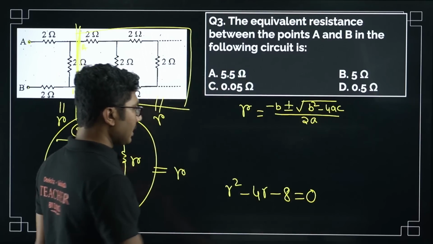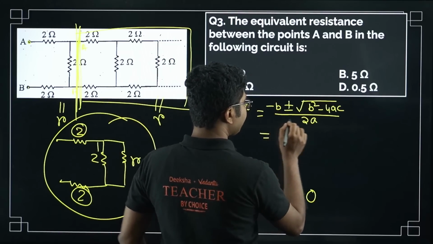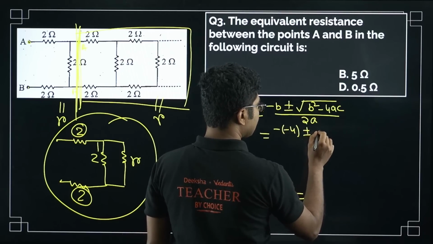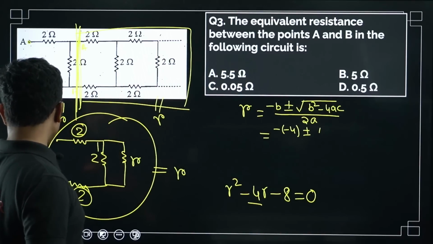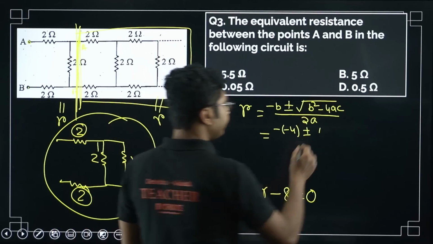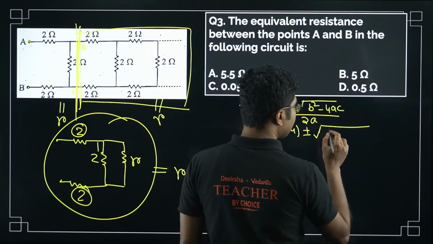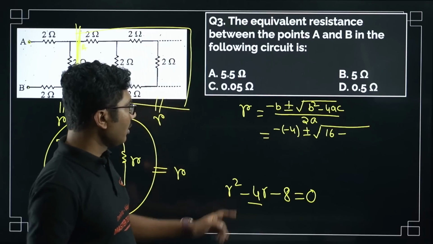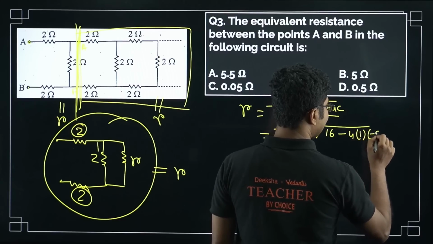So what is b here? b here is minus 4. So minus b means minus of minus 4, plus and minus. Obviously, remember that we will only take the positive value, we will not take the negative value. Anyway, let's see what is the value of this. b square is 4 square, that is 16, minus 4ac, 4 into 1 into minus 8.